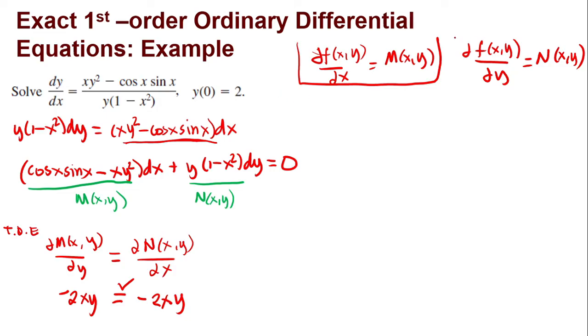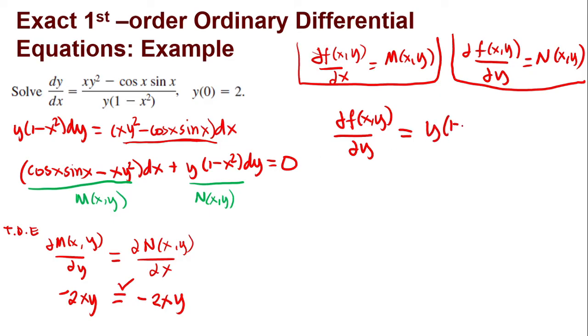In this example, we're going to start with the second assumption: the partial derivative of f(x,y) with respect to y equals N(x,y), where N(x,y) is y times (1 minus x squared). To get f(x,y), we integrate both sides of our equation. So f(x,y) equals the integral of y times (1 minus x squared) dy.